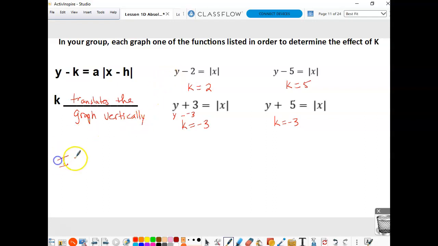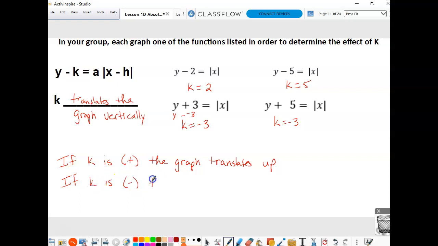So if k is positive, this time we'll do a plus sign, the graph translates up, and if k is negative, the graph translates down.